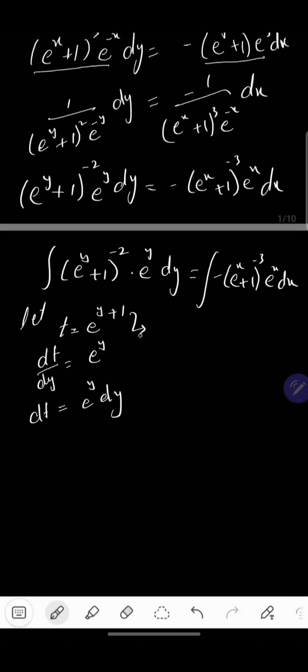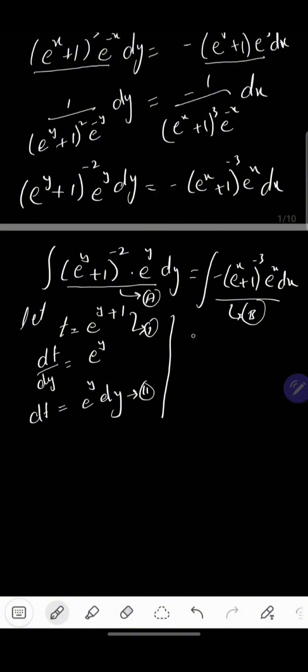Let's call this equation 1 and this equation 2, and let's call the left side term A and this term B. We also suppose that w is another variable equal to e^x + 1, and the derivative of w with respect to x is e^x, so dw is equal to e^x dx.